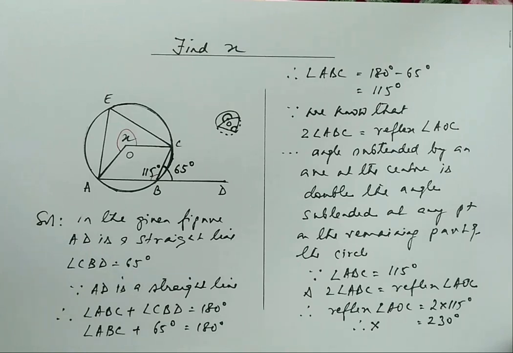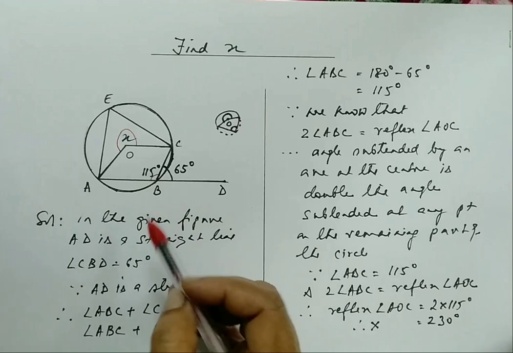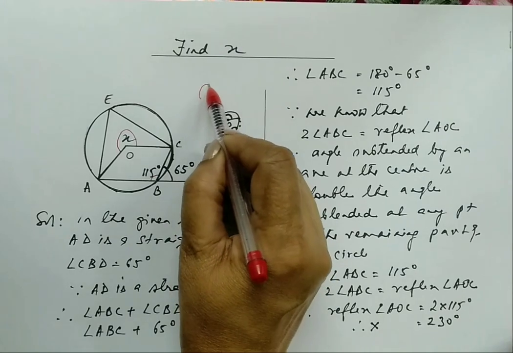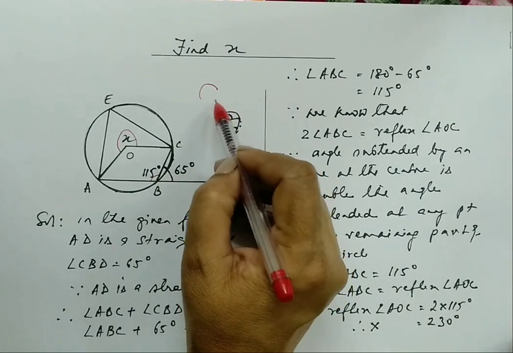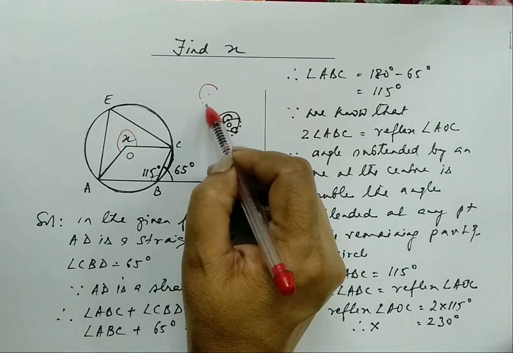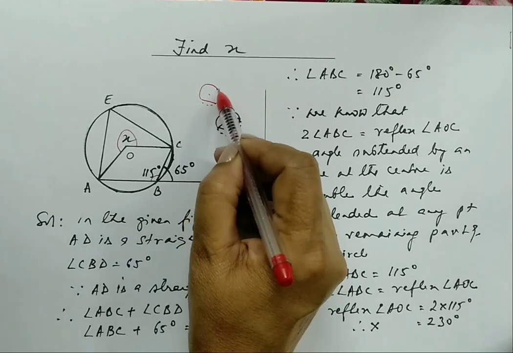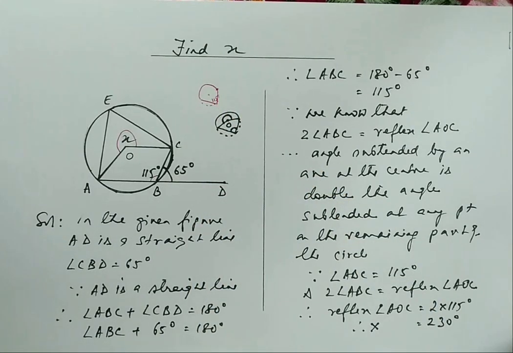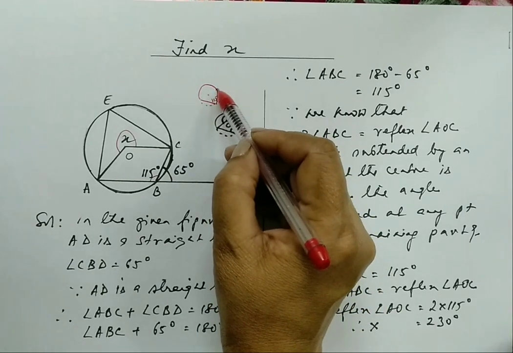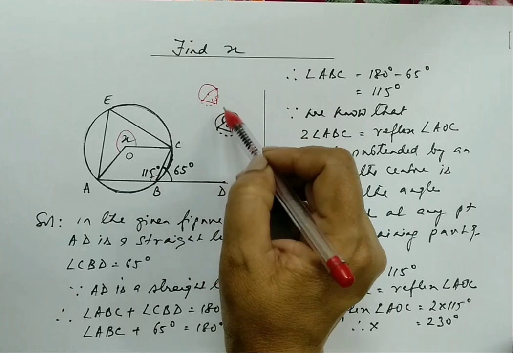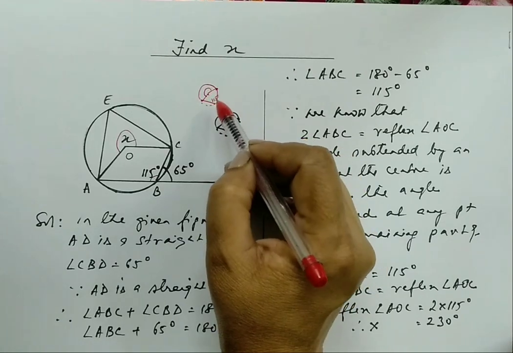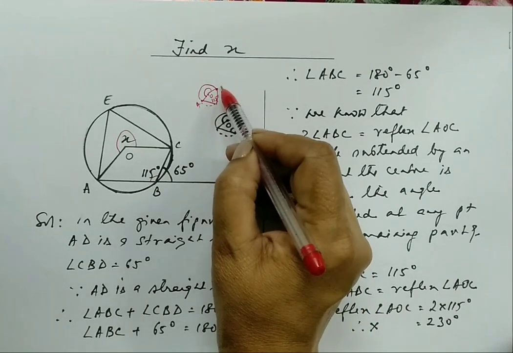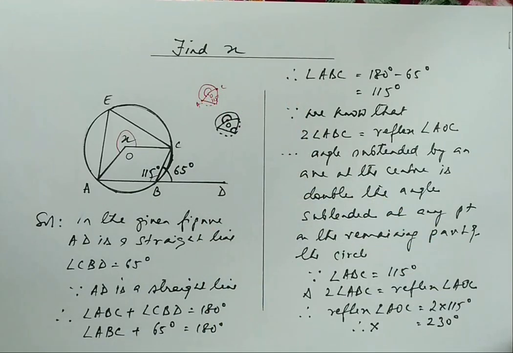So this is a very simple one. You need to just visualize that in this figure there is an arc here which subtends, at the remaining portion, an angle equal to 115 degrees. But when the very same arc subtends an angle at the center, it subtends the reflex angle of AOC.